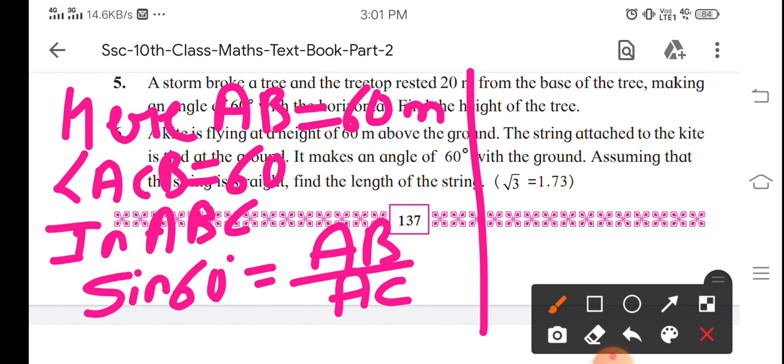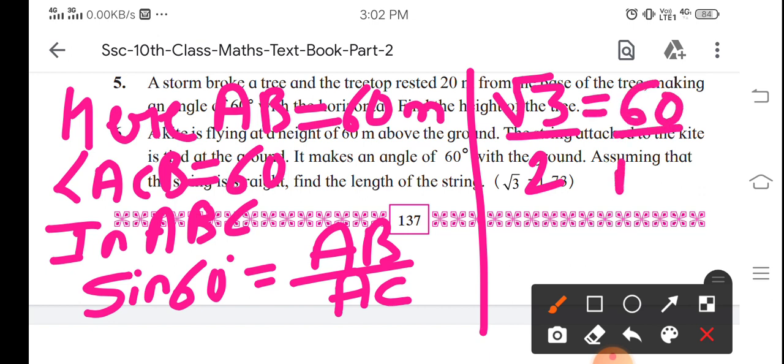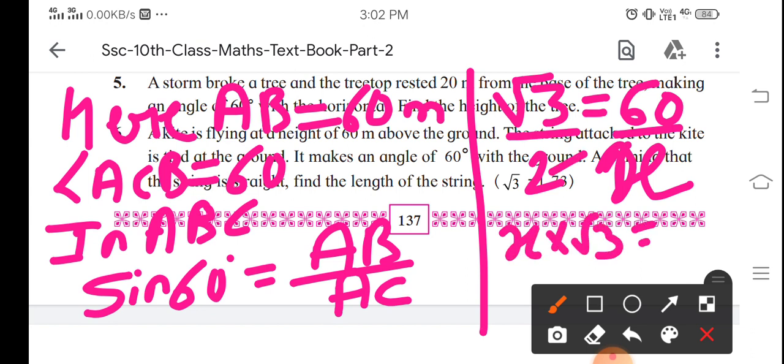So AB is your opposite side from the angle 60 degree, and AC will be your hypotenuse. Now the value of sine 60 is √3 upon 2, and AB they have given 60 and AC we have to find out. So we have assumed AC as X. I think this is clear. So just do cross multiplication, you will get X into √3, and when you multiply this 2 with this 60, you will get 120.